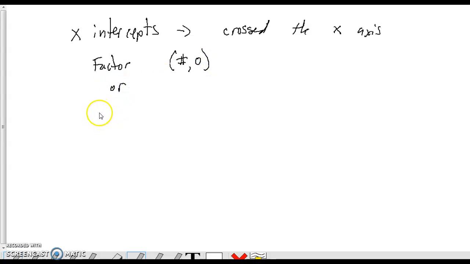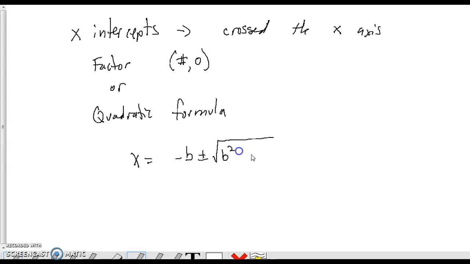Or we can use the quadratic formula. So x is equal to -b plus or minus the square root of b squared minus 4ac all over 2a. So again, factoring is going to be a little bit easier. Quadratic formula will help us find it all easily. So again, it's our x-intercepts where it crosses your x-axis.